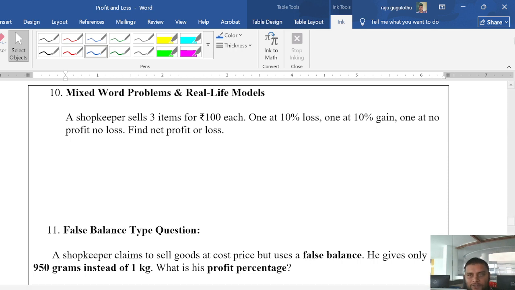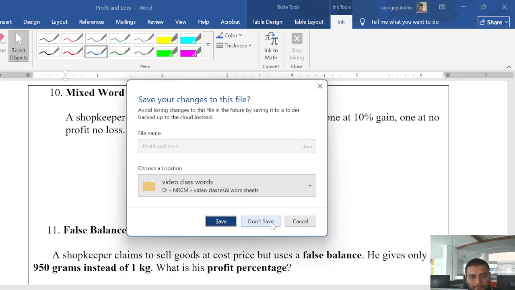I'm not able to copy this. Let us close and open it once again.